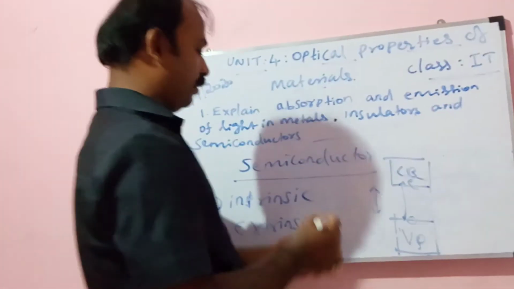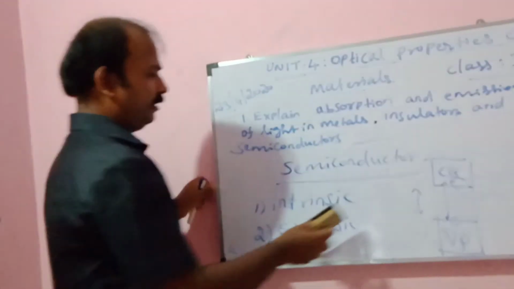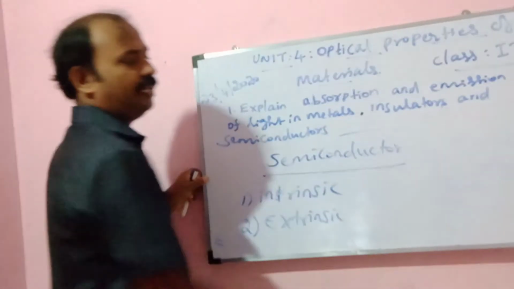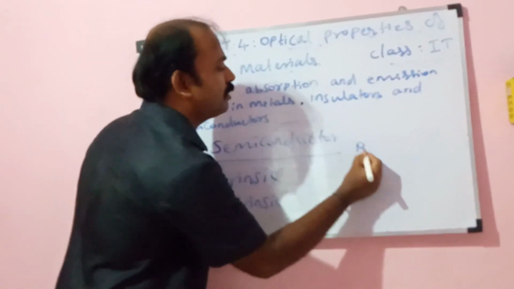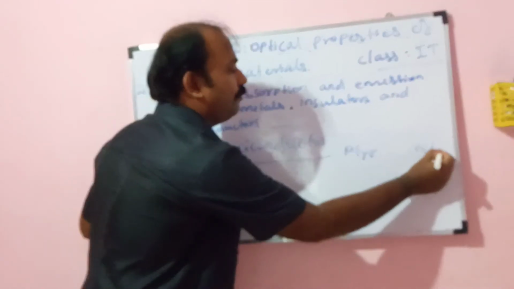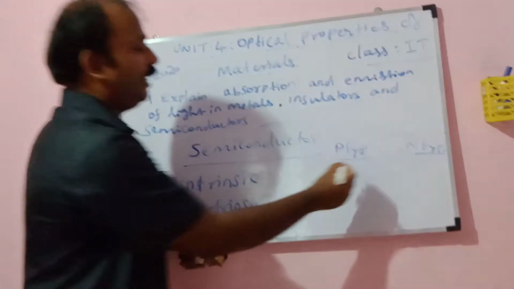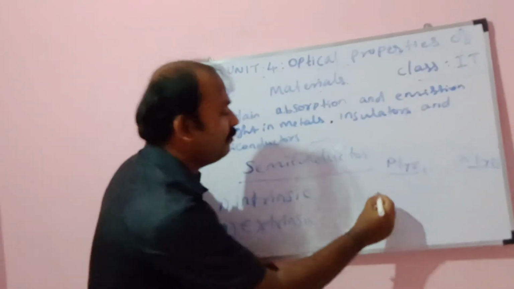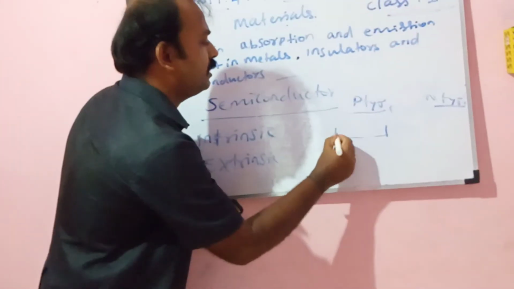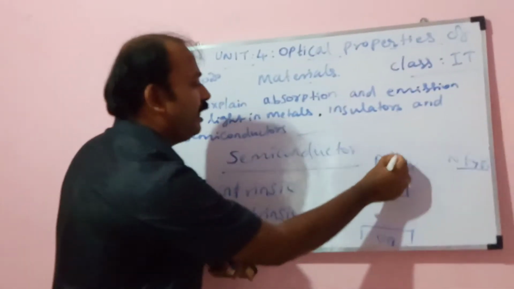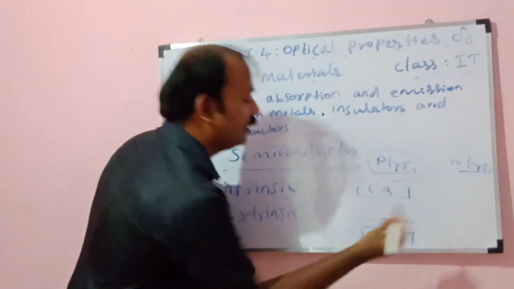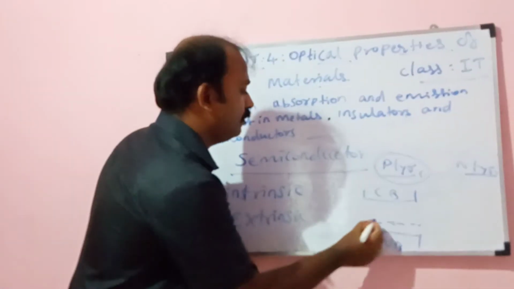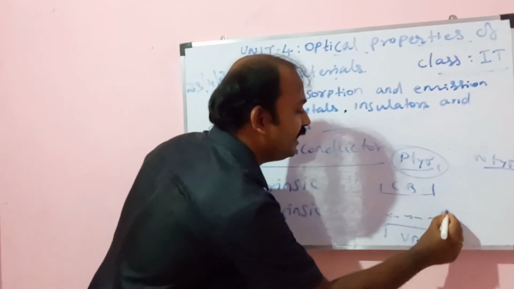In the case of extrinsic semiconductors, there are two different types, p type and n type. In a p type semiconductor, look at this diagram: this is the conduction band and here it is the valence band, and one energy level is there, the acceptor level, EA.